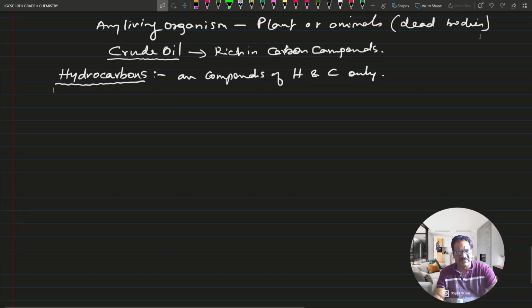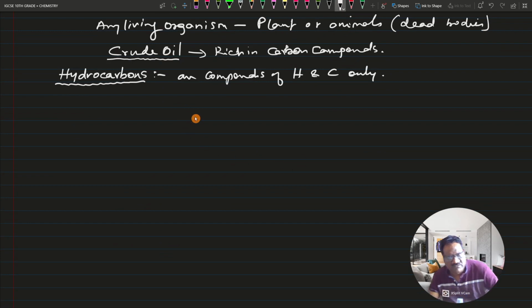Now, these hydrocarbons vary in the length of the carbon chain. Suppose you have a hydrocarbon which has two carbon chain, then you may have a hydrocarbon which has some four carbon chain.